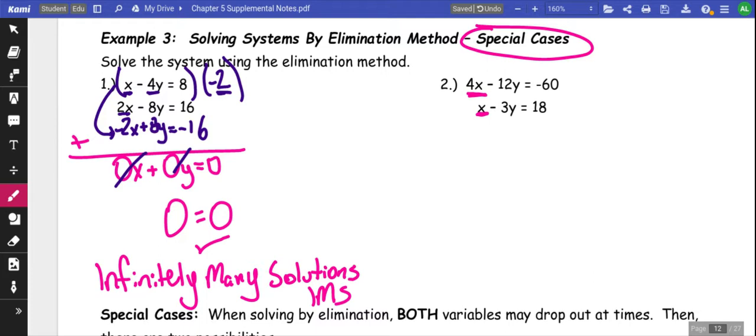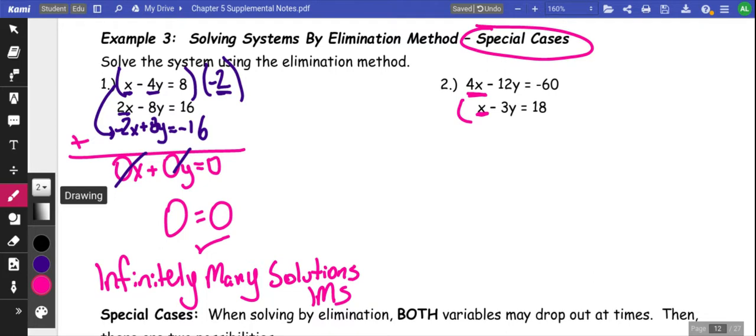Okay, I need -4. I want the opposite of this coefficient. All right, so I'm going to multiply the second equation here by -4. Okay, all three terms, x, -3y, +18, I'm multiplying all of those things by -4.